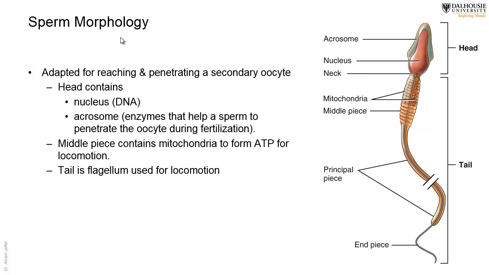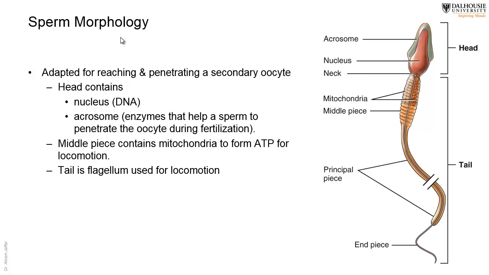It's just present at the tip, so that after fertilization, the nucleus of the sperm will be injected into the oocyte. And then we have a middle piece here, which contains a lot of mitochondria, and this can be understood because a lot of energy is required for the movement of the sperm, the movement of the flagellum here.